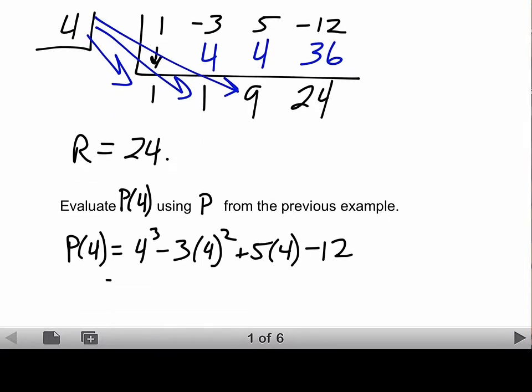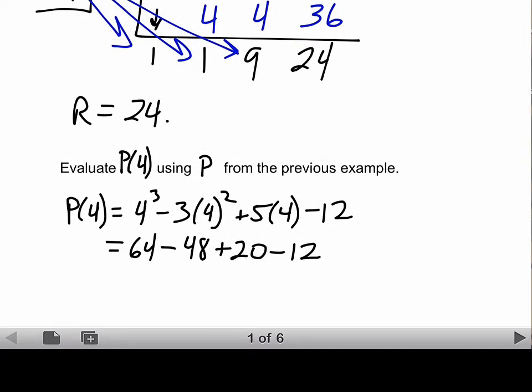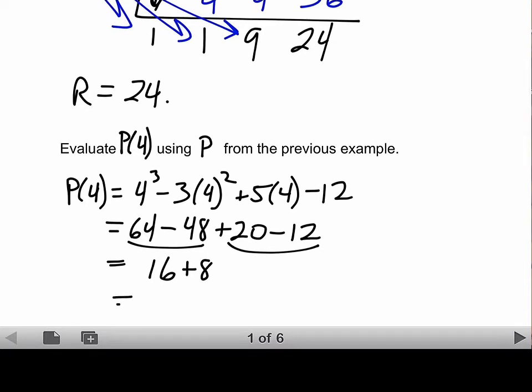This is going to be, well, let's see, 4 cubed is 64. 4 squared is 16 times 3 is 48. 5 times 4 is 20 minus 12. What do we get here? 64 minus 48 is 16. 20 minus 12 is 8. And for an answer I get 24.